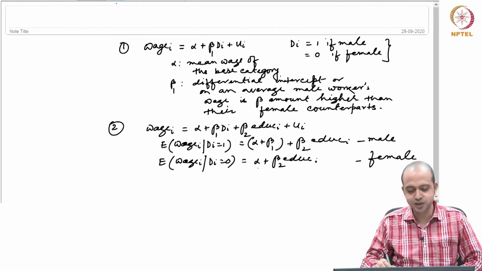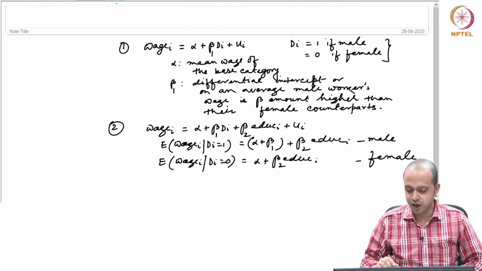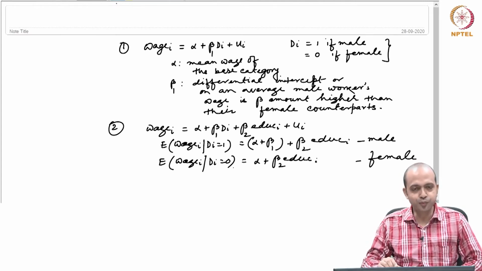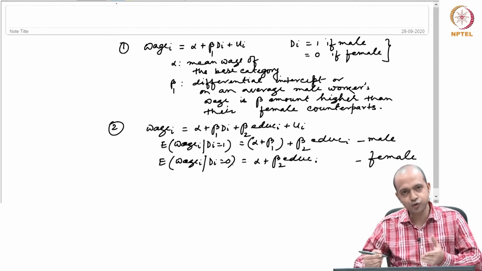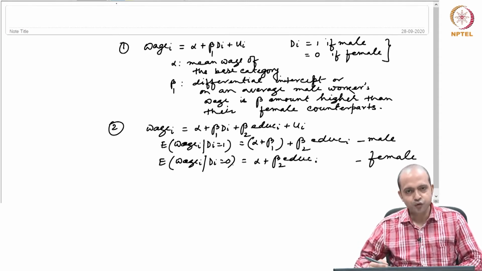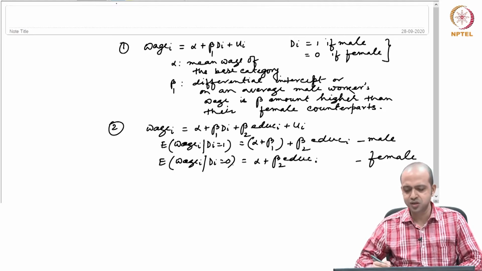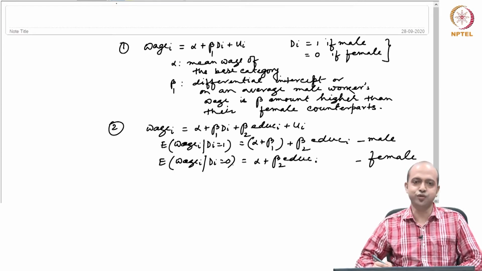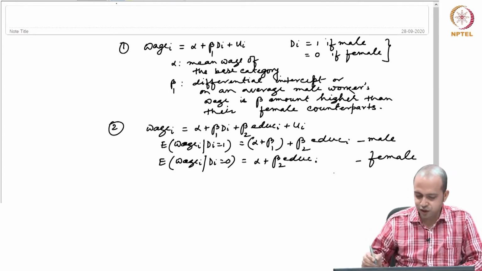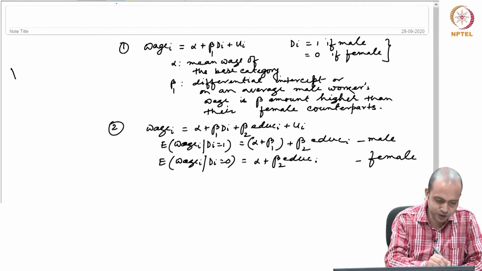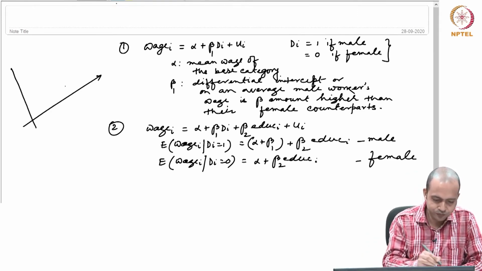You can quickly say that beta 1 indicates the differential intercept. And what would be the practical interpretation? You can say that for every level of education, male workers earn beta 1 amount higher wage than their female counterpart.